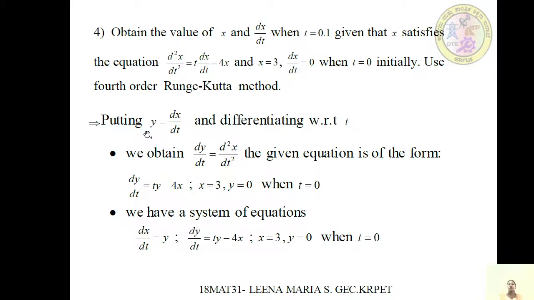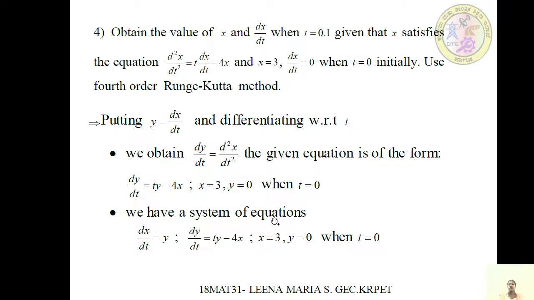So now we are going to put the substitution, that is putting y equals dx by dt. Differentiating this with respect to t, we get dy by dt equals d square x by dt square. So the given equation is of the form dy by dt equals t into y minus 4x, with the initial condition x is 3, y is 0, t equal to 0.